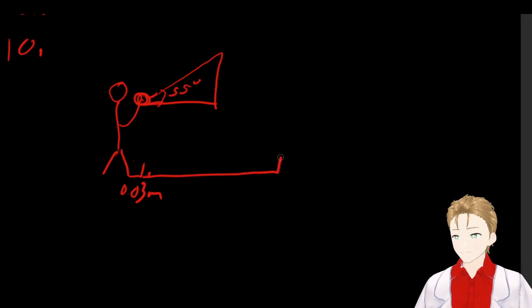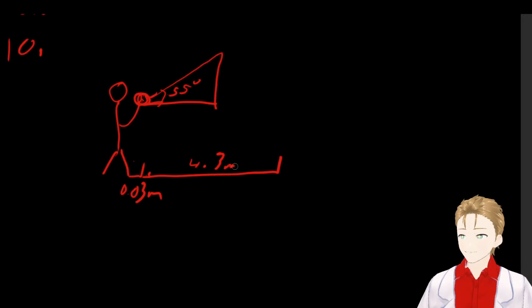Okay, so that's a bit awkward, but it's supposed to be 0.03 meters. And then we have another distance, which is 4.3 meters, and this is where the hoop is.